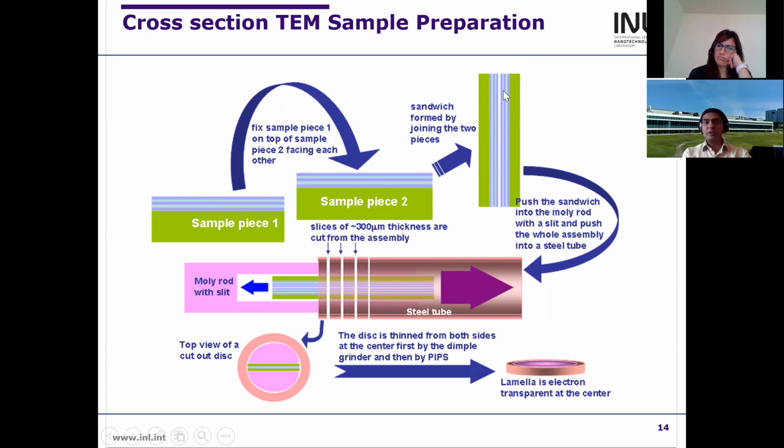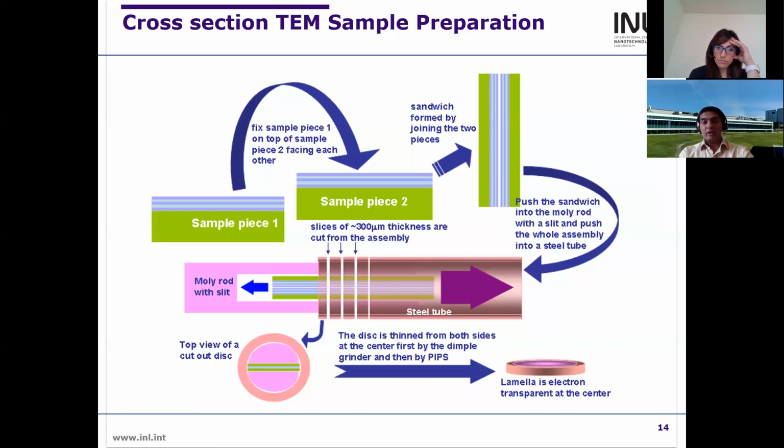Then after making that assembly, we push it inside a slotted rod, a circular rod that has a slit, and then to give it enough mechanical stability or strength, we push that inside a hollow rod.